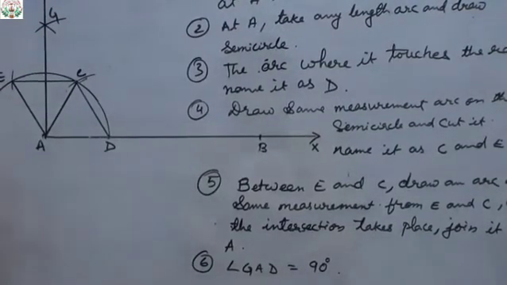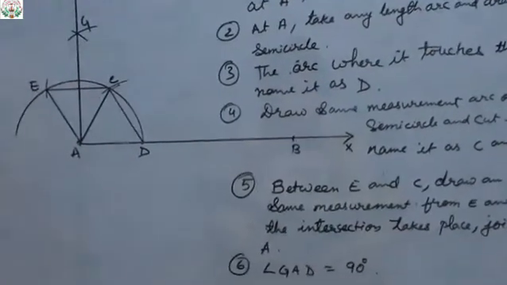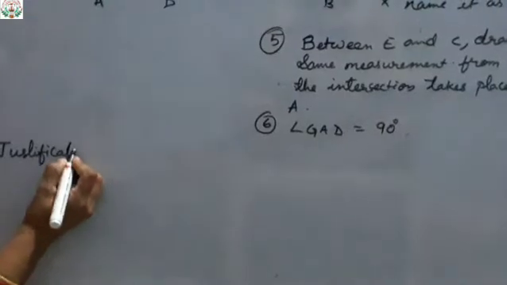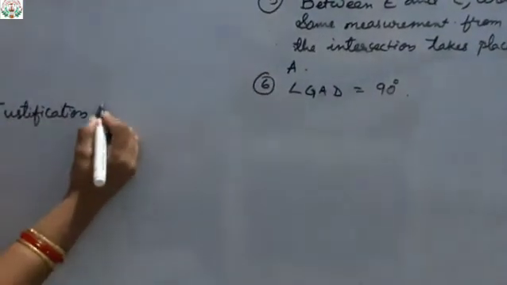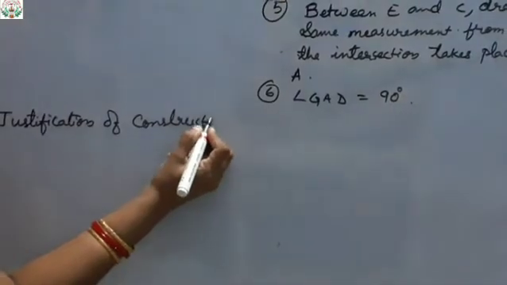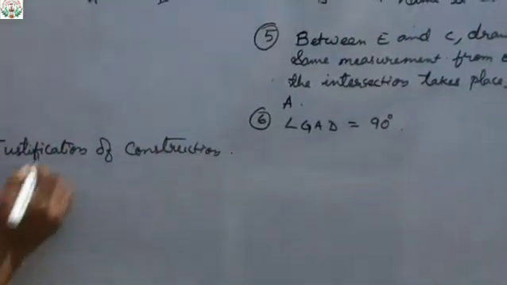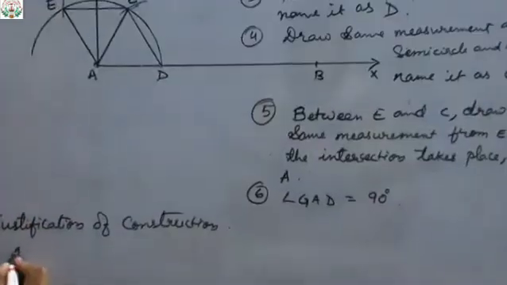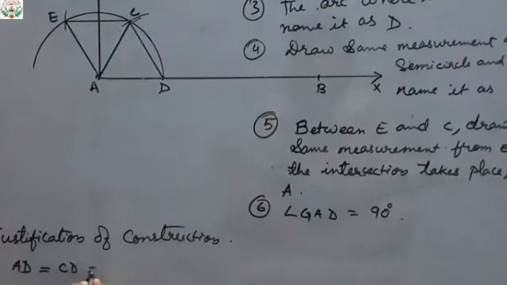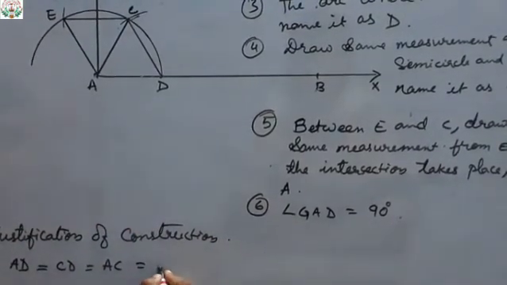Now justification, you have to justify that this angle is 90 degree, है ना? So justification of construction. Now from our construction we know that as this is AD equals to CD equals to AC. They are of equal arc, equal measurement.